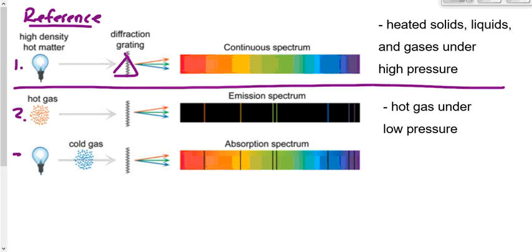Now, the second diagram, we'll label this number 1. In the second diagram, we have a hot gas. Notice the difference here: under low pressure. Hot gas under high pressure produces a continuous spectrum. Hot gas under low pressure, well, if we're standing right here, it looks to be pretty much the same.